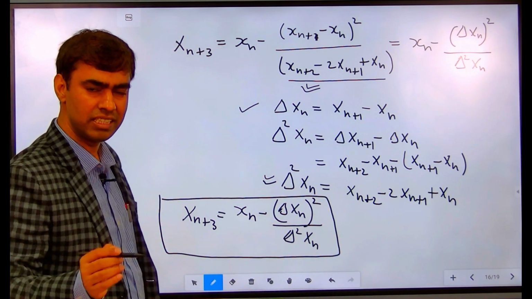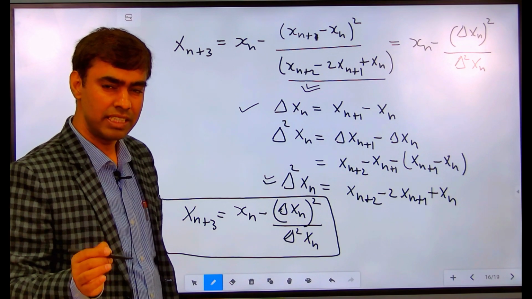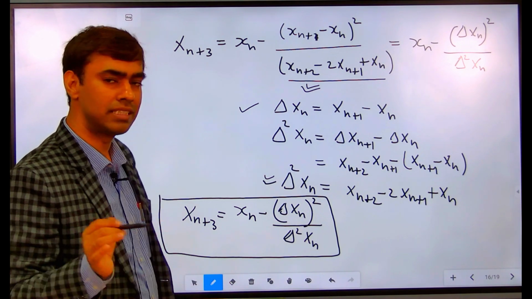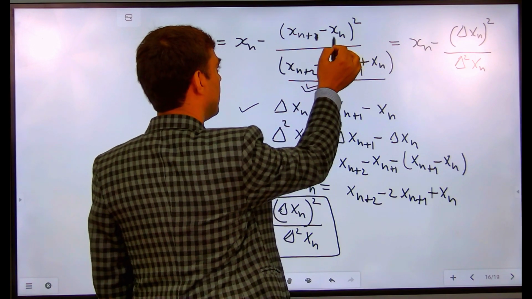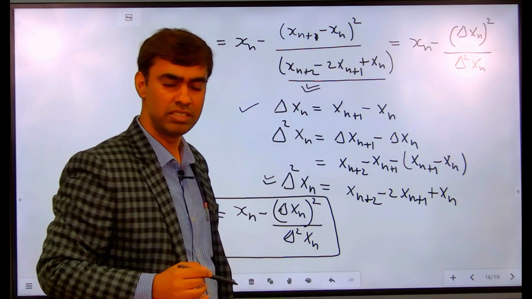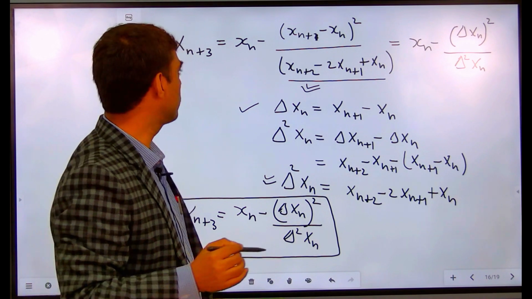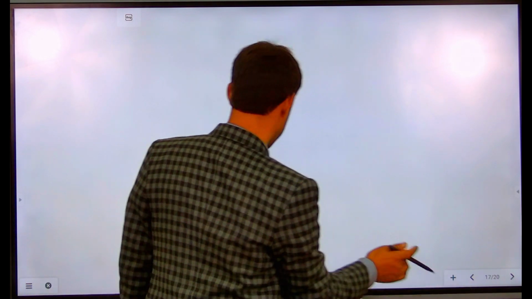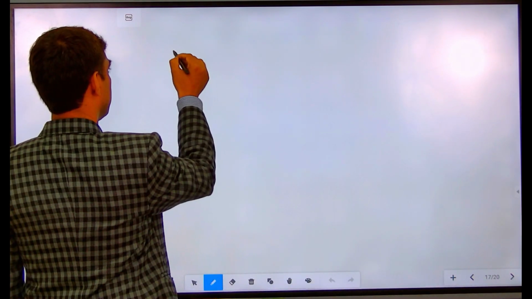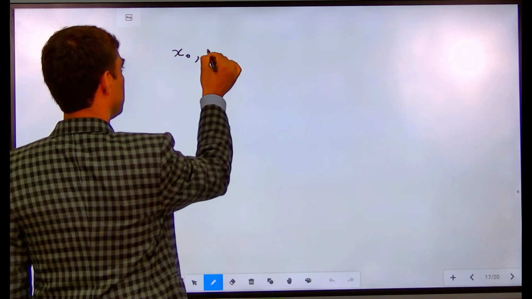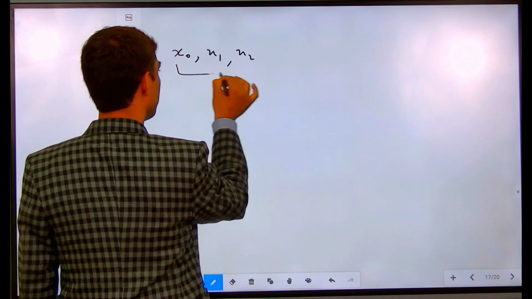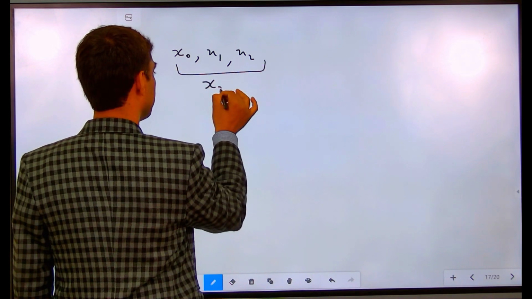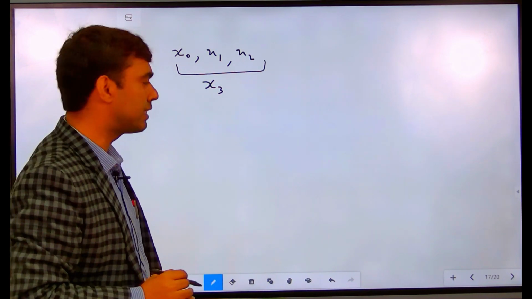As we discussed earlier, what is the limitation of Aitken's delta square method? It is only applicable if we have the values of x_n, x_{n+1}, x_{n+2}. For n equal to 0, if we have the values of x0, x1, x2, then we are able to find the value of x3 with the help of Aitken's delta square method.